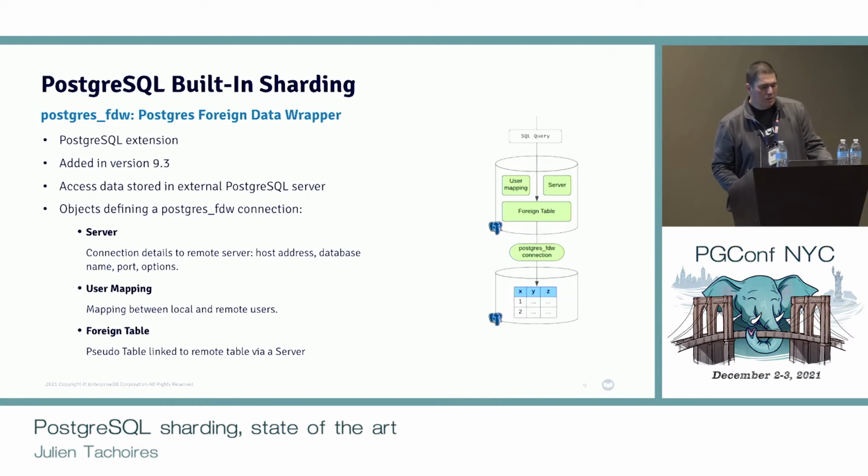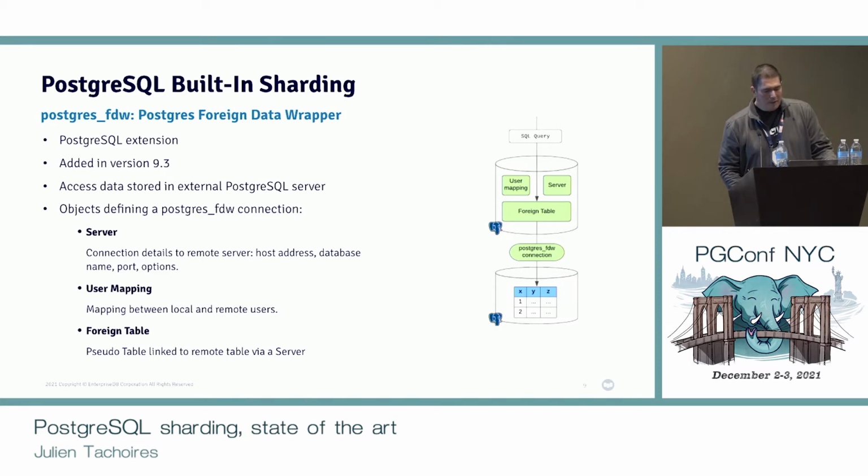To use Postgres foreign data wrapper capabilities, 3 different database objects must be defined. The first one is the server, which defines remote instance characteristics like the address, the listening port number, and the database name, for example.